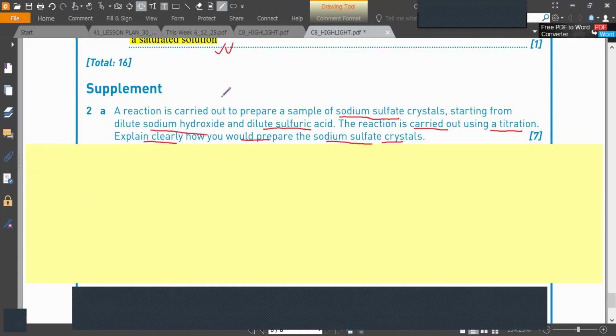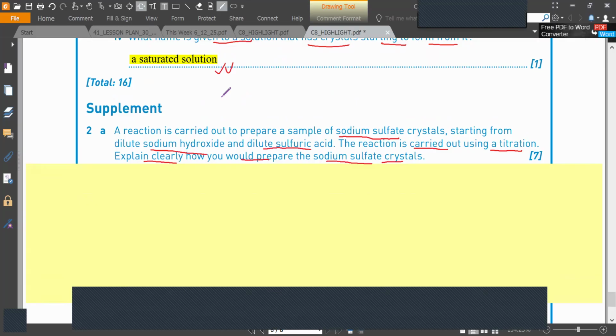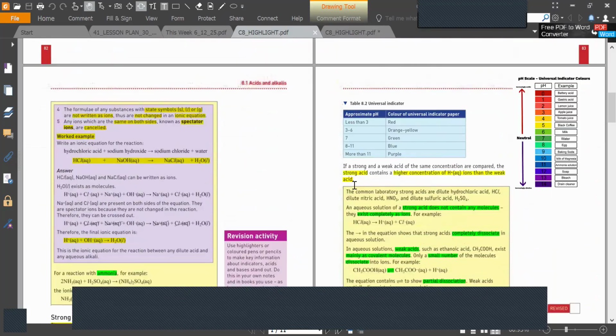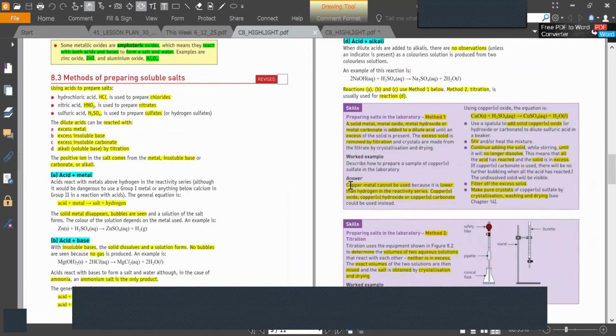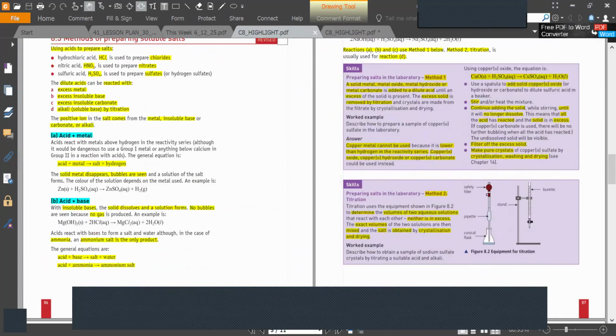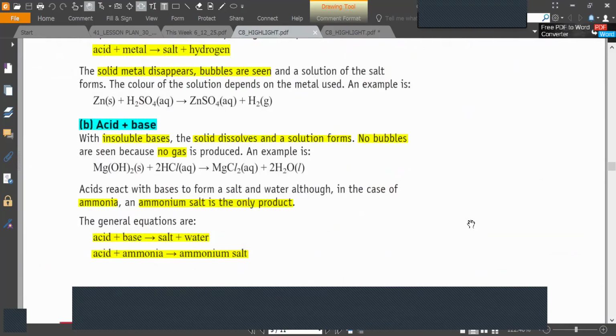First, we are preparing sodium sulfate, so we will use titration. What does the titration setup look like? It looks like this.